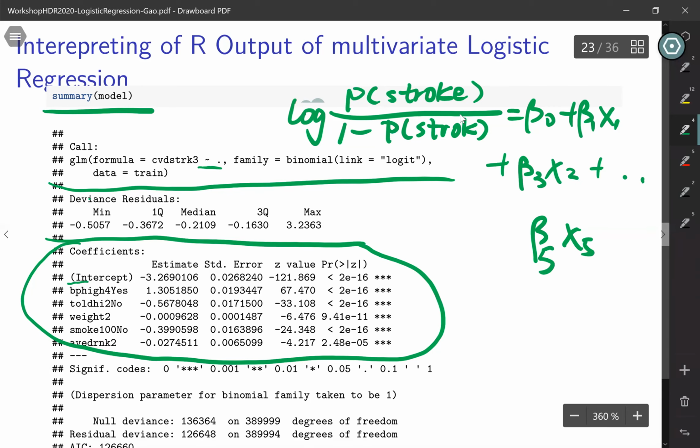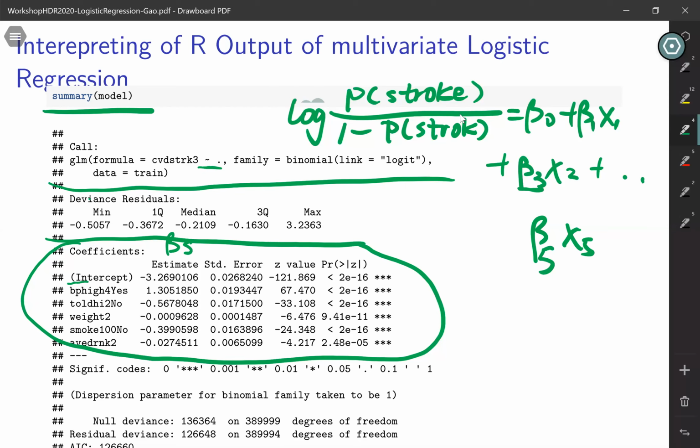And beta 1 is the coefficient associated with blood pressure, x1, so 1.3 something, and the coefficient of x3 is negative 0.56. So on and so forth. All those are betas, so you can easily find those betas.